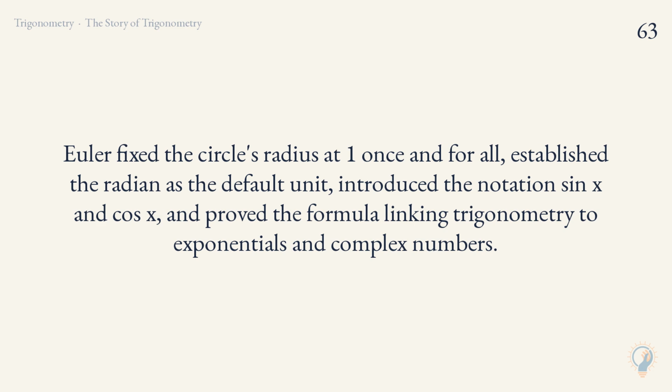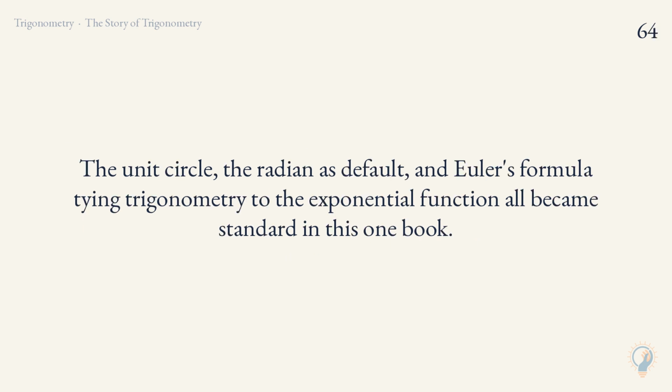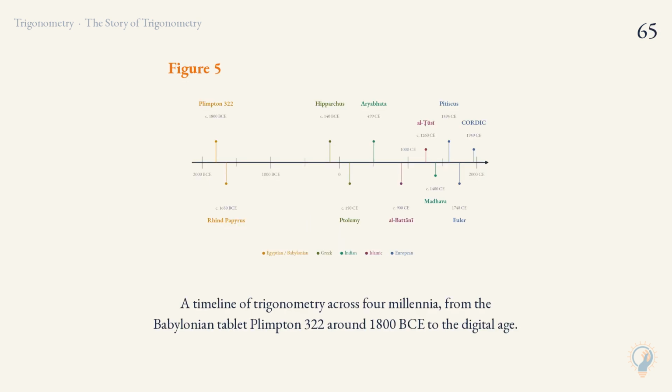Euler fixed the circle's radius at 1 once and for all, established the radian as the default unit, introduced the notation sine of x and cosine of x, and proved the formula linking trigonometry to exponentials and complex numbers. The unit circle, the radian as default, and Euler's formula tying trigonometry to the exponential function all became standard in this one book.